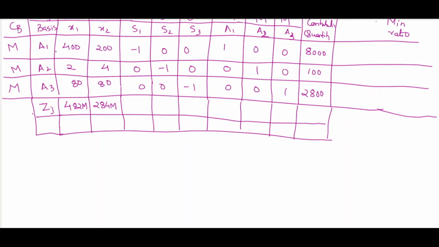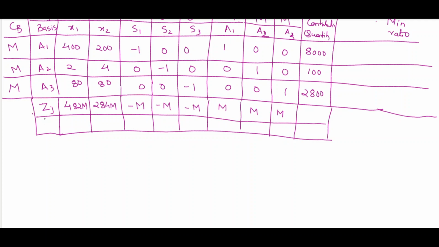Similarly, minus 1 into M is equal to minus M. All the others are 0, so the summation of these three terms gives minus M. Here also you will get minus M, because two are 0. And as this is an identity matrix of 1, here you will get M, M, M: 1 into M plus 0 into M plus 0 into M gives M. Till now we have done it like this.